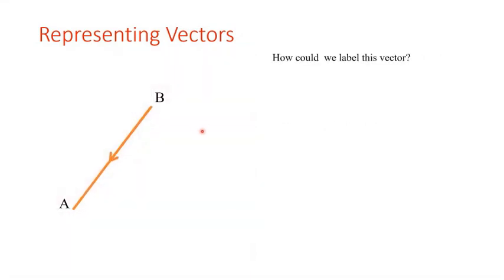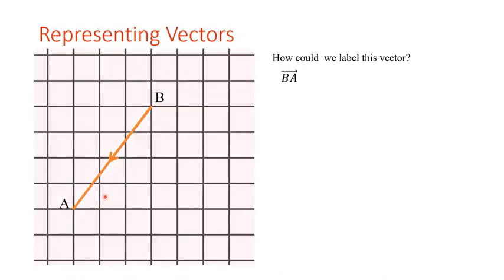So let us continue with the idea of representing our vectors. How could we label this vector? Notice the direction. Direction is very important. Our tail is now at B and the head is at A. So our vector is labeled BA. Now that is very important that we get that.